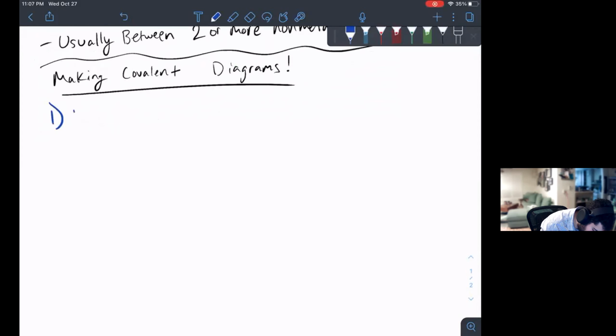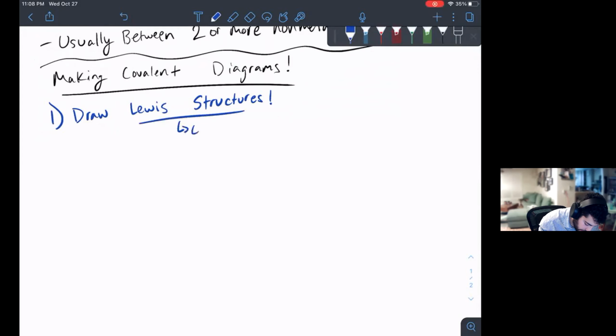Step one, we will just draw Lewis structures. You also know how to draw your Lewis structures now. Those are things with the element symbol and the valence electrons. That's it.